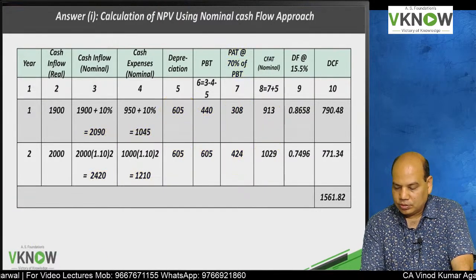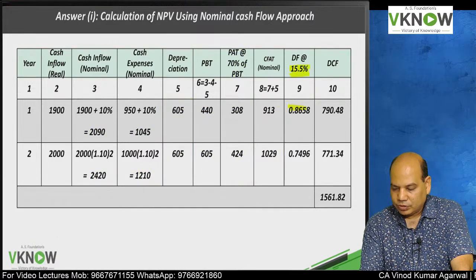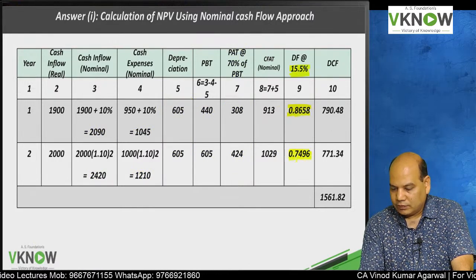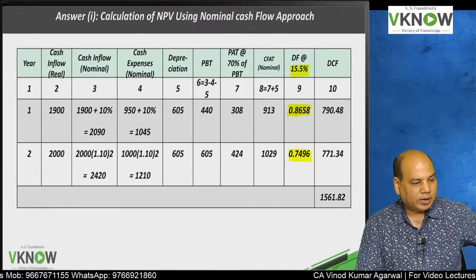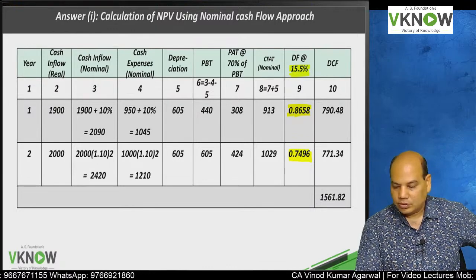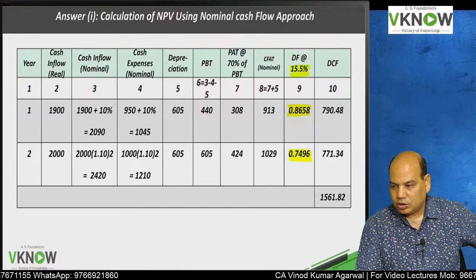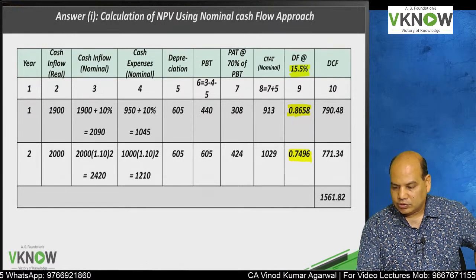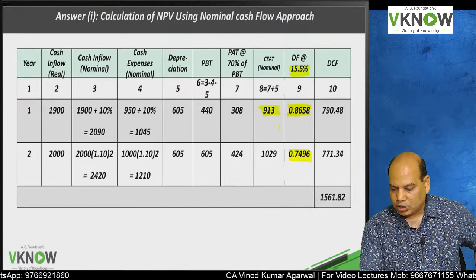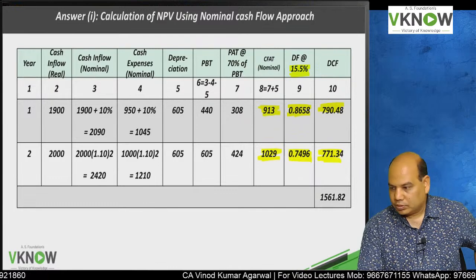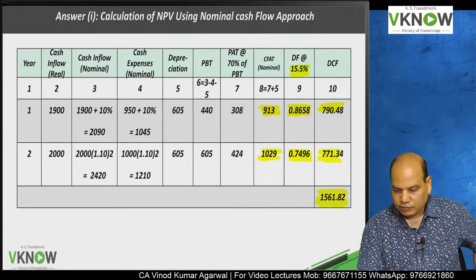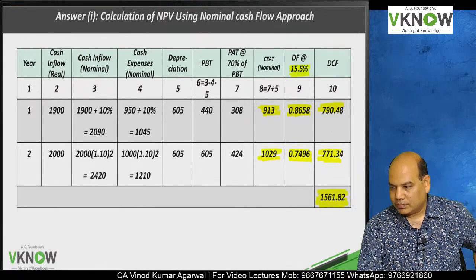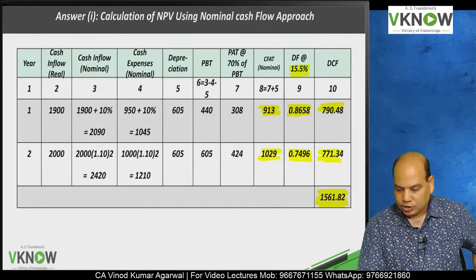Now you compute discounting factor. Check the factor. 1 divided by 1.155 equal to 0.8658, 0.7496. Now just multiply these two columns. Write down PV of cash flow after tax, 1561.82.